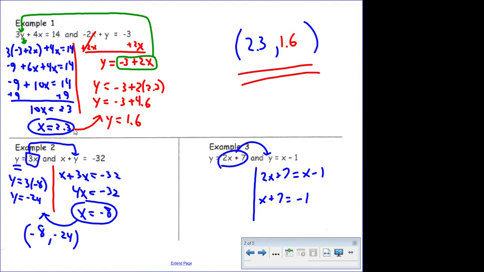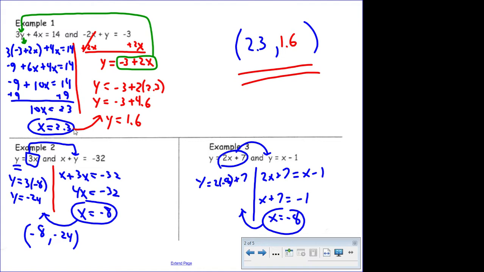And then what would you do there, Summer? Or just give me the next line. x equals negative 8. Subtract 7 from both sides. And you have got the x value. And now you're ready to resubstitute back in the first equation. So instead of 2 times x plus 7, it'd be y equals 2 times negative 8 plus 7.